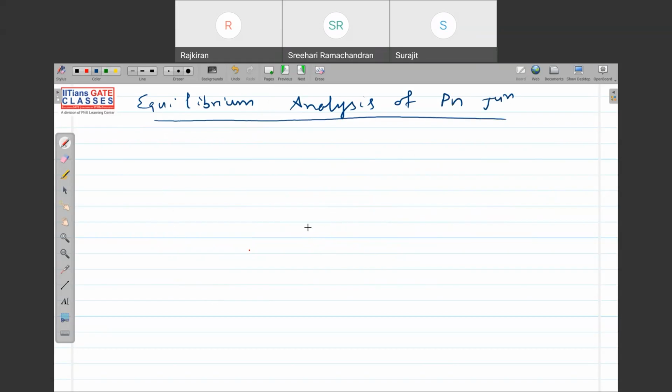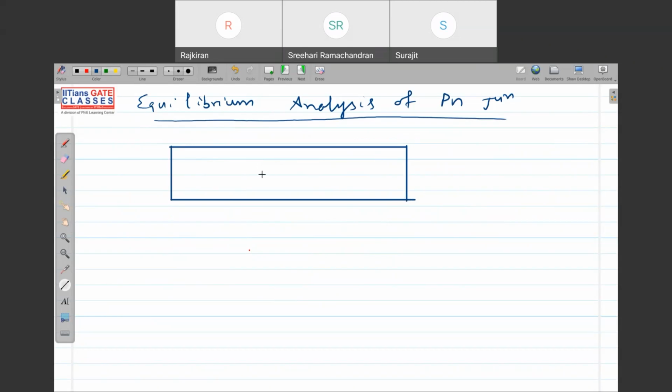We know at equilibrium, if I take a PN junction, near the depletion width, we have a space charge region.